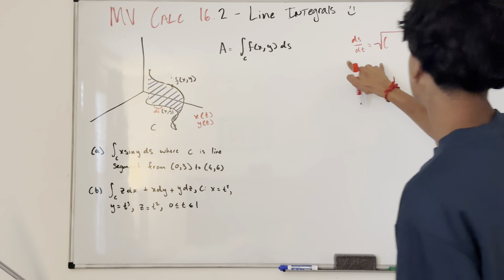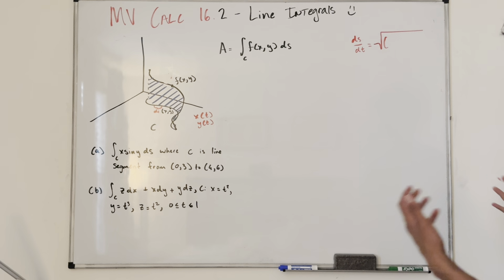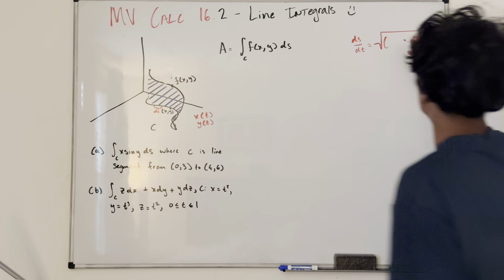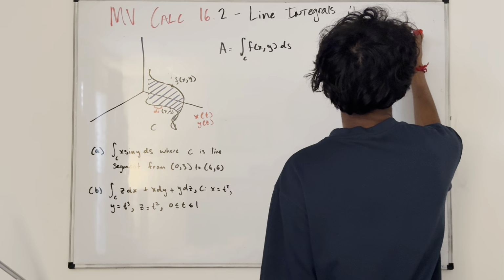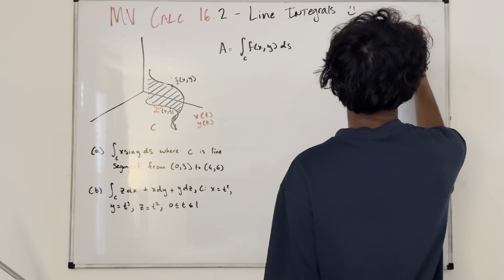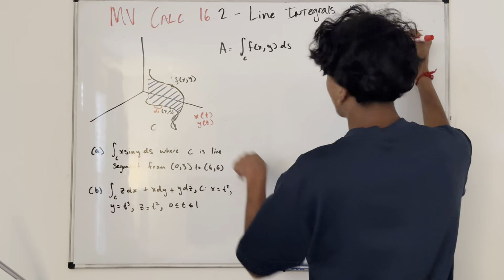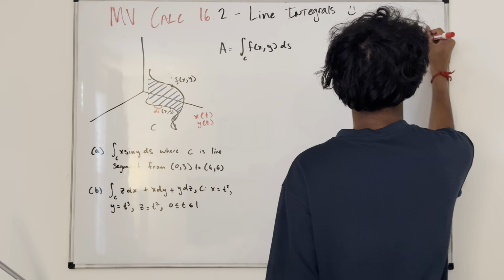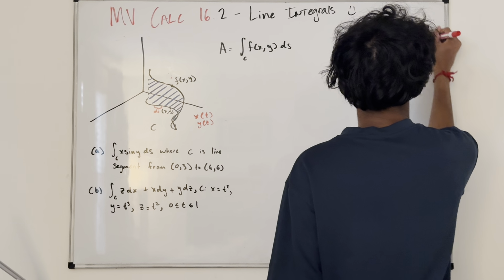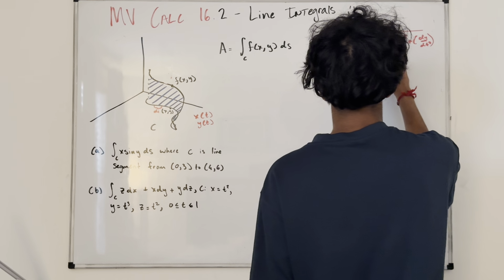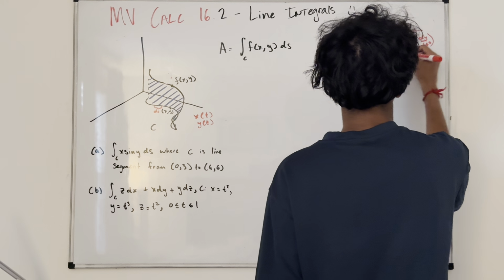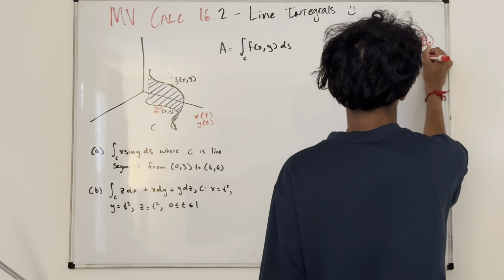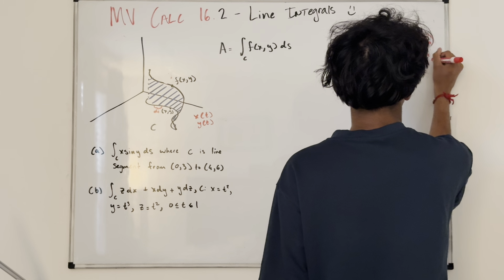Do I use partials? No, I don't use partials, because these are just functions. So it's the square root of dx dt squared plus dy dt squared. So what is ds equal to? ds is just equal to the square root of dx dt squared plus dy dt squared, dt.